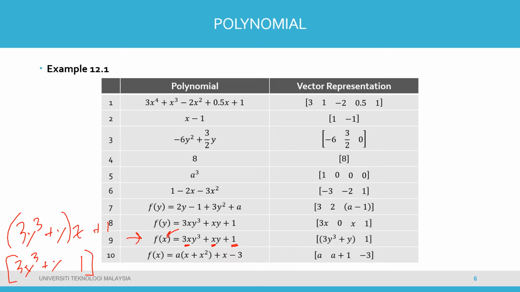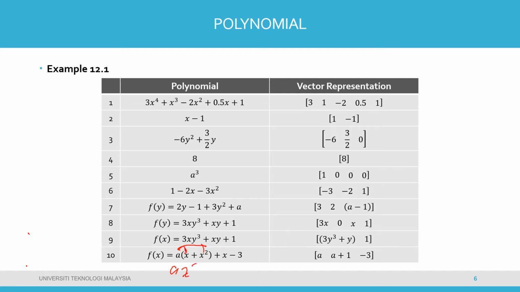Okay, and lastly this one. So let me delete this first. Let me check this. Okay, so you can see here you have to multiply this with this and this first. So ax squared plus ax plus x minus 3.